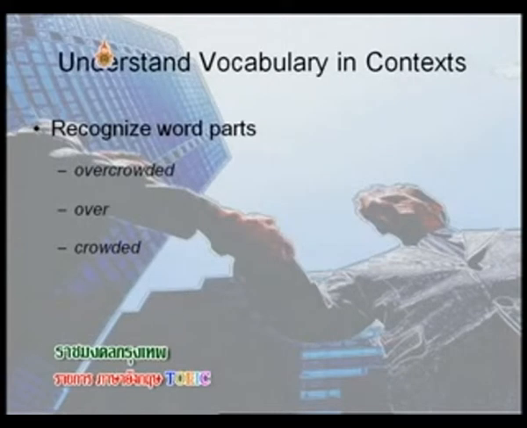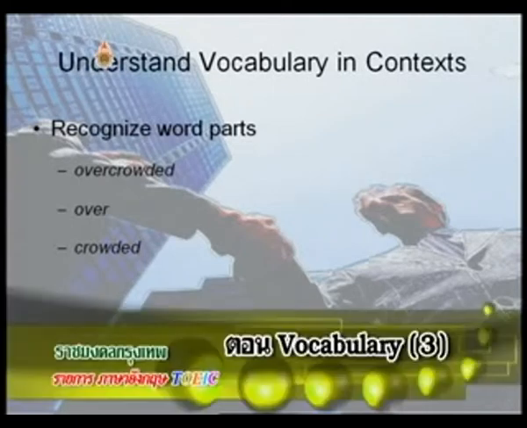So in the previous week we suggested that you must be able to recognize word parts, and then you will understand the new word overcrowded. By knowing that the word overcrowded consists of the word over and crowded, you know that the word crowded is an adjective.